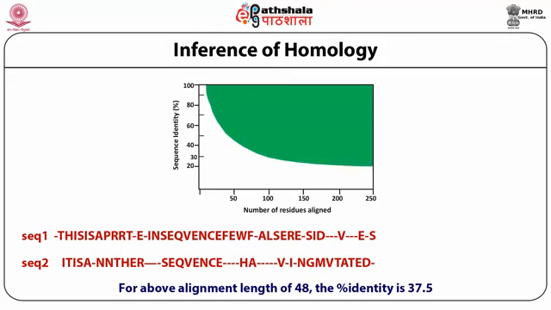Therefore, if the XY graph for a given pair of aligned proteins falls in the green region, then it is safe to infer homology for these two proteins. Therefore, this zone has been named as safe zone.